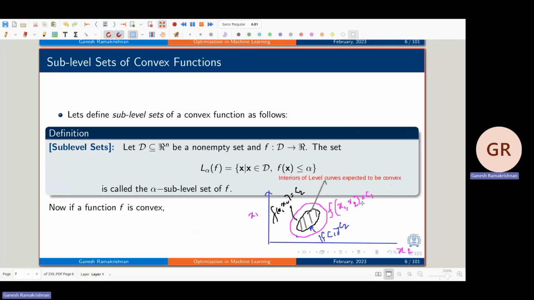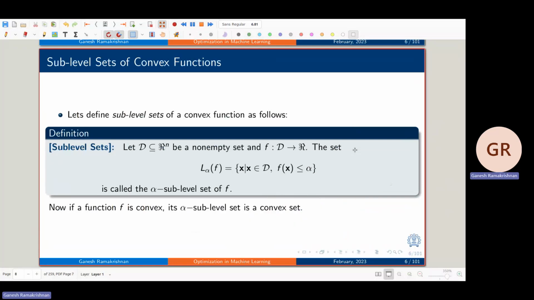Less than or equal to will mean this side and this side. In fact, the sets may even be disconnected. If the function was like this, then your set might be here, union here. Disconnected sets. It won't even look connected, forget about convexity.